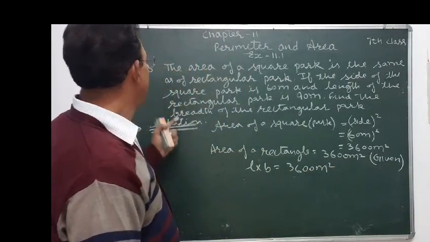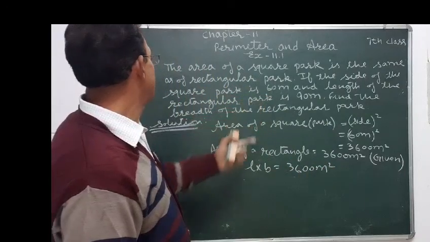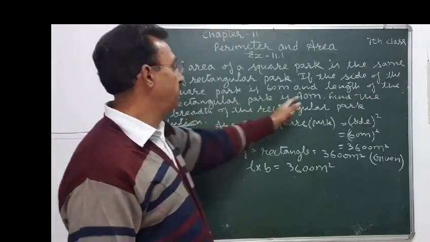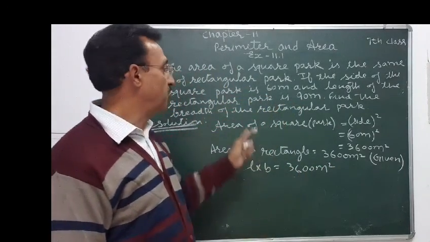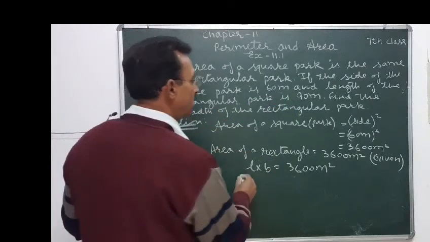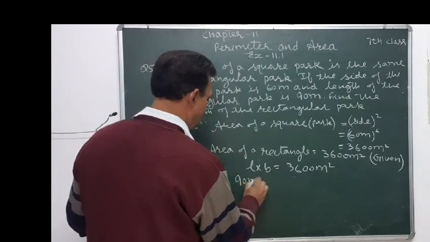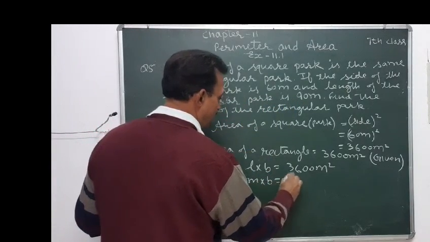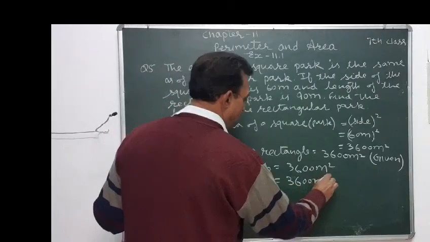And what is given to us? We have given to us 90 meter. So 90 meter is the length. We have to find out the breadth. So 90 meter into breadth is equal to 3600 meters square.